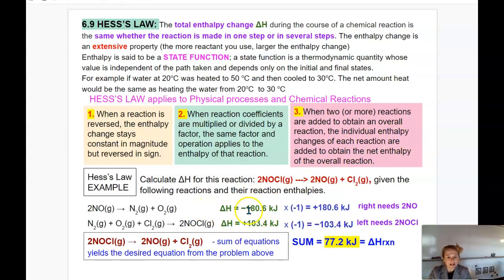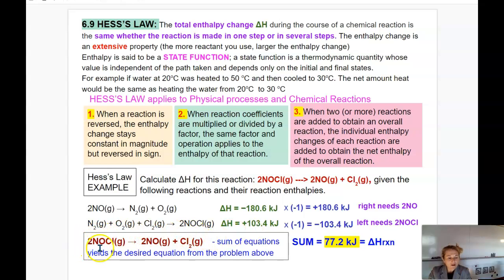So here we have a nice example, and we have our net balanced chemical equation down here, and we see that there are 2 steps to this overall reaction. And we see the first step is exothermic, and the second step is endothermic.